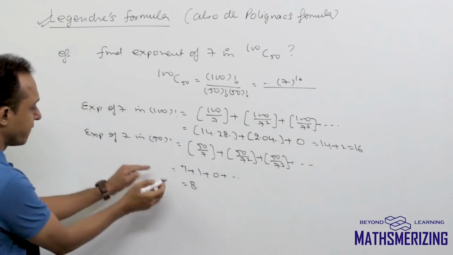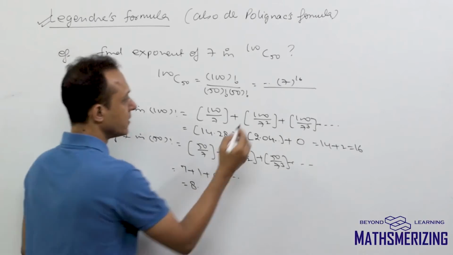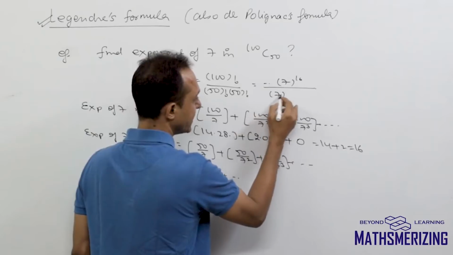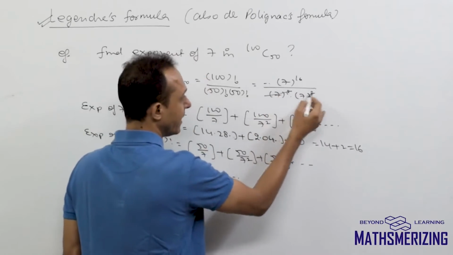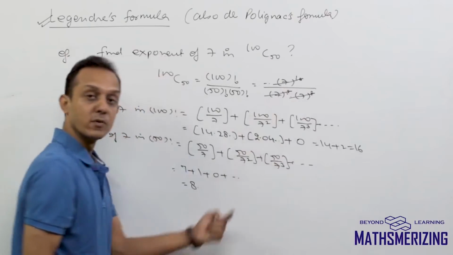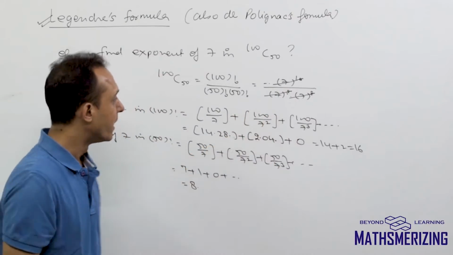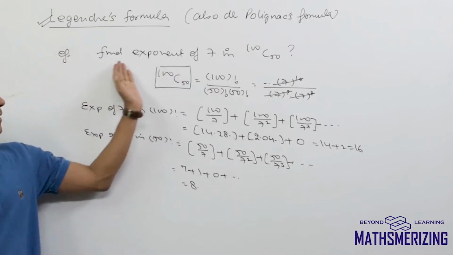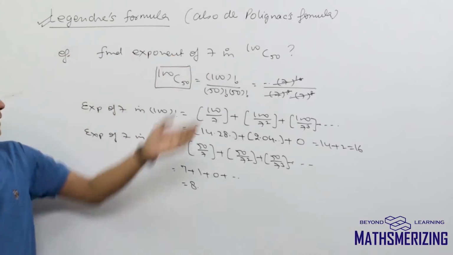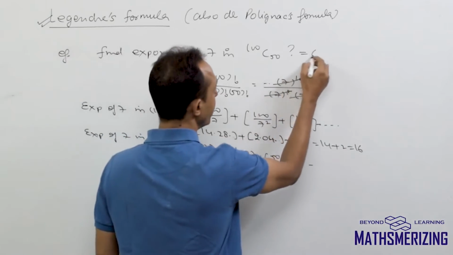So the exponent of 7 in factorial 50 is 8. So here I'll have 7 to the power 8, and here also 7 to the power 8. So 7 to the power 16 will get cancelled with 7 to the power 8 and 7 to the power 8. So in 100C50 there will be no exponent of 7, so the exponent of 7 in 100C50 will be simply 0.